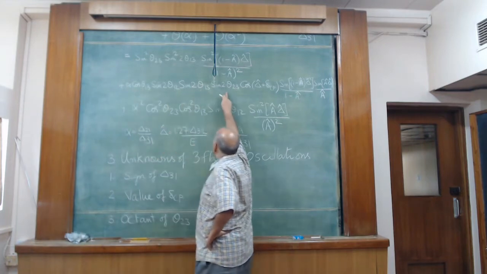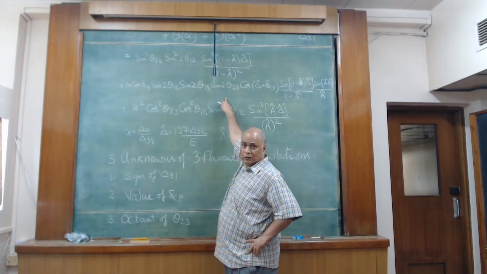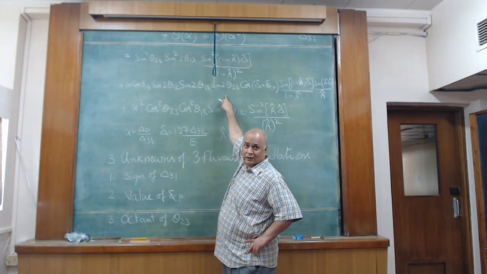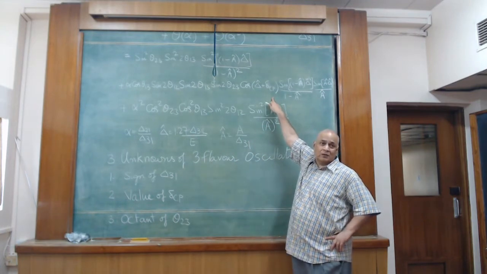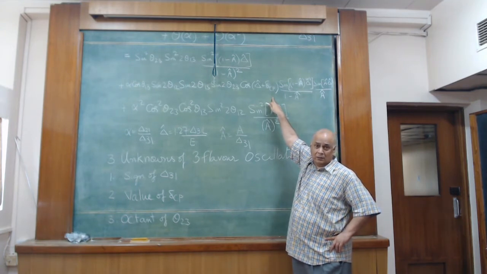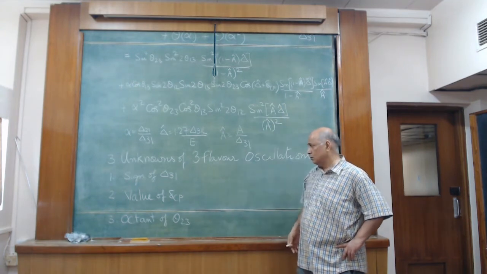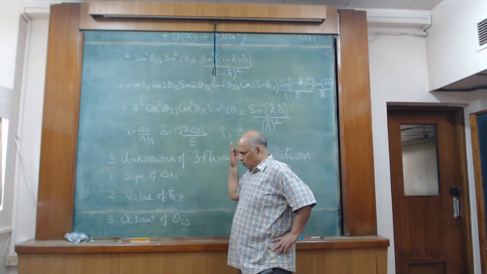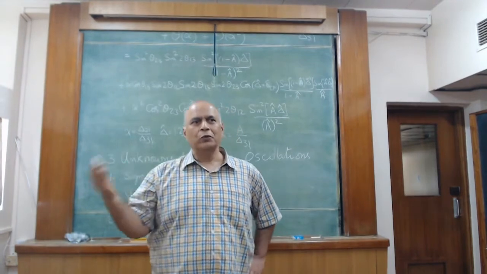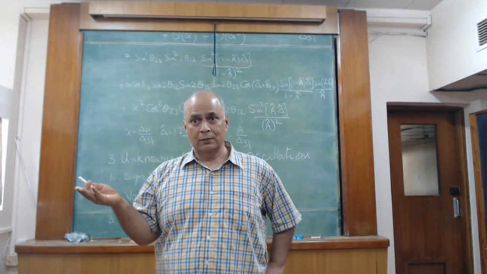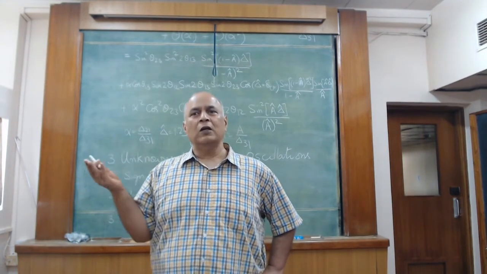It is not sensitive to theta 2 3 so much because it is sine 2 theta 2 3, but it is sensitive to delta Cp. So this measurement we have, P nu mu to nu e, it depends on all three unknowns.